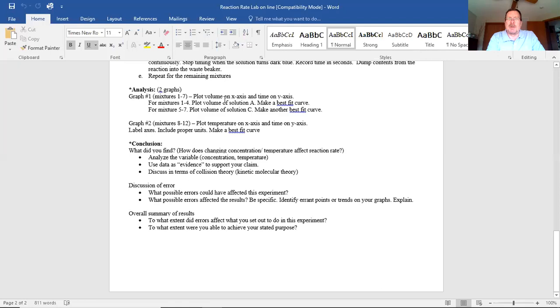For example, for mixtures 1 through 4, plot the volume of solution A. You initially had 10 milliliters of solution A, then 7.5 milliliters, then 5 milliliters. As you get away from the first mixture, all you want is the actual milliliters of that compound, not the added water that we put in to bring it all up to 10. So, 2.5, 5, 7, whatever.